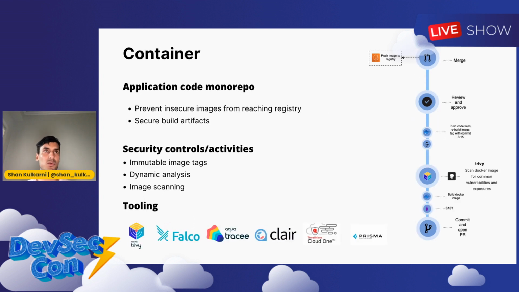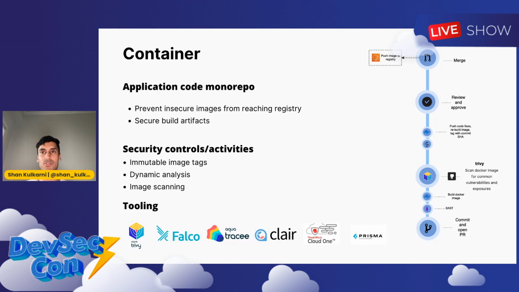So now going to the next one, the container. This is probably the one that people talk about the most when they think about image scanning, or how to make sure that container images are not reaching their registry with any insecure components. So here the most common activity is obviously container image scanning.